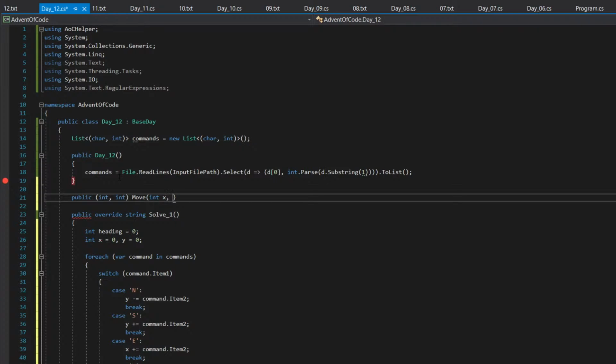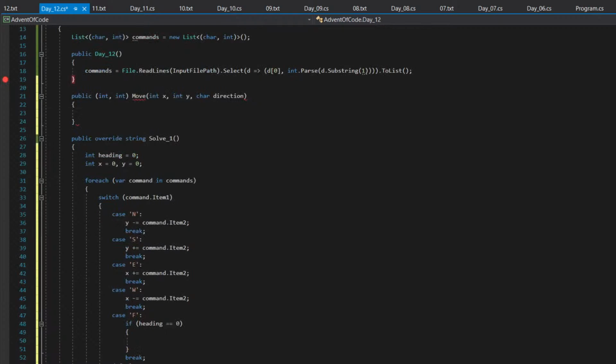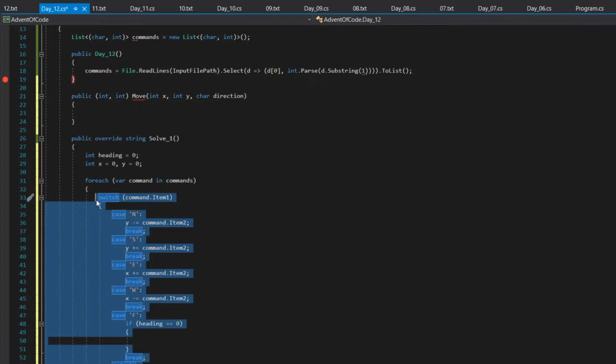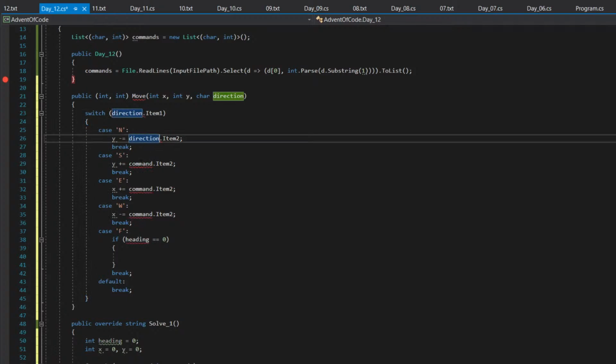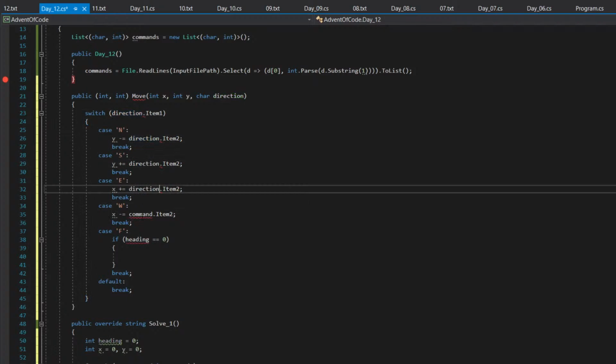And we're going to give it an x, y coordinate and a direction. We're going to move this guy up here. Direction, direction, direction.